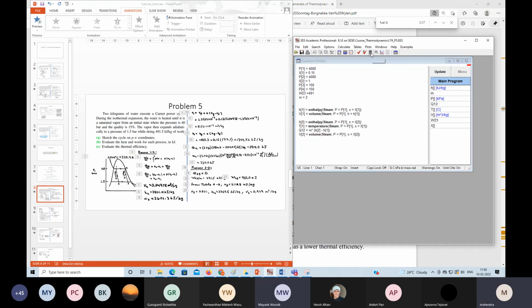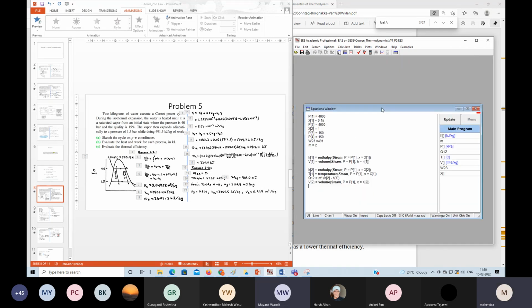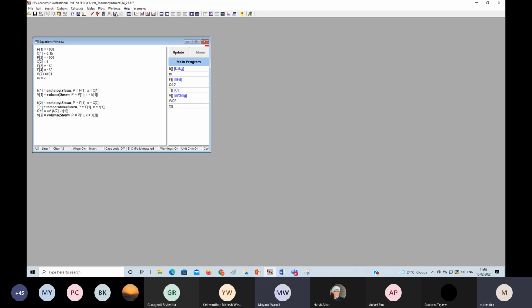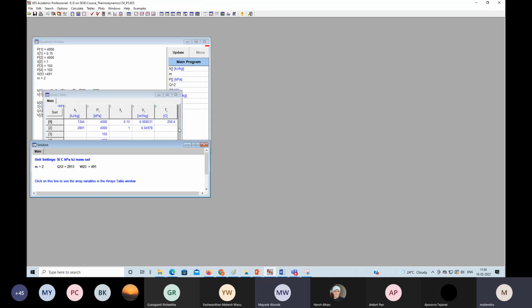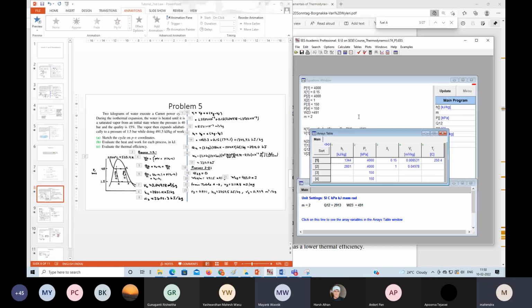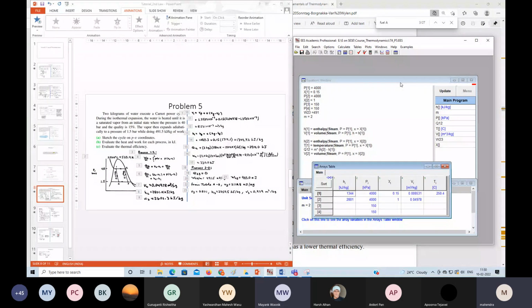Then again run. Where these are going? I don't know. And then what it is giving to you? V2 is 0.04978. Is it matching? V2 0.04978. Okay, exactly.